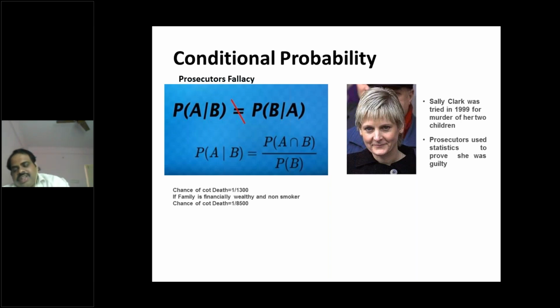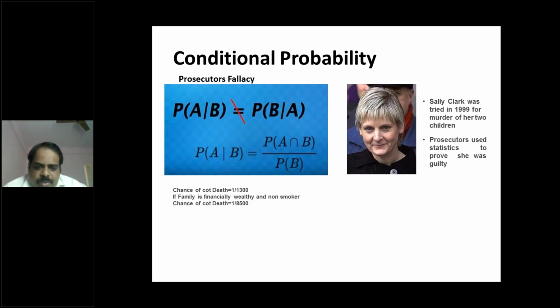For a normal case, if you are a parent and your child is going to die of this kind of reason, the probability is like 1 by 1300. This is the probability of a parent losing a child while sleeping.